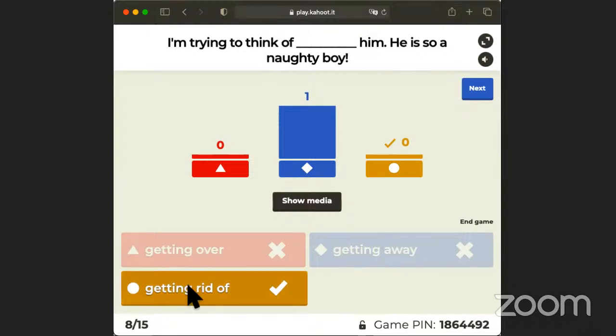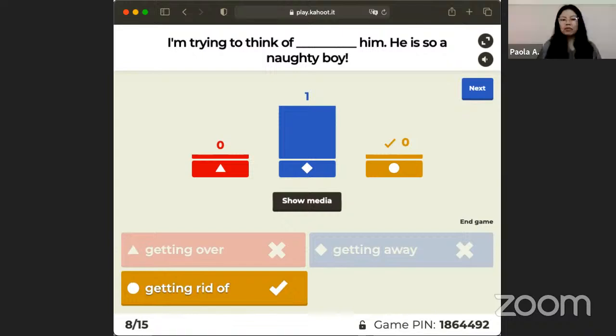Rid of is like when you have something and you don't care or you don't like it anymore and you are going to get rid of it. For example, if you have a dog and this dog is breaking a lot of things in your house, or chewing your shoes, being annoying, you're going to try to get rid of the dog.